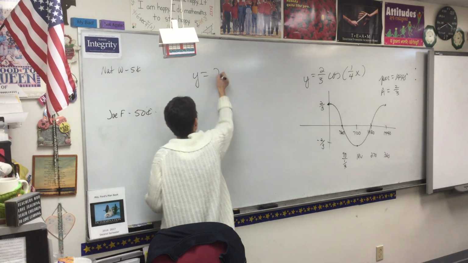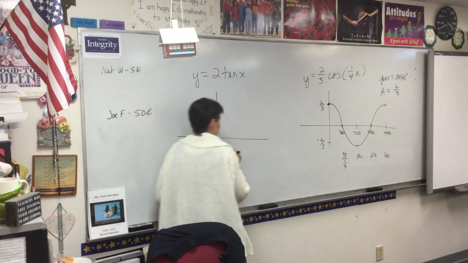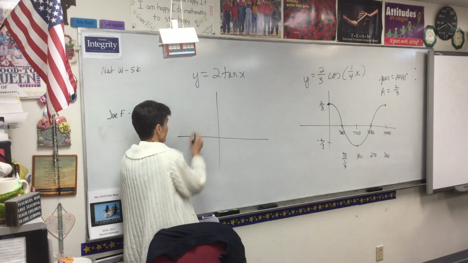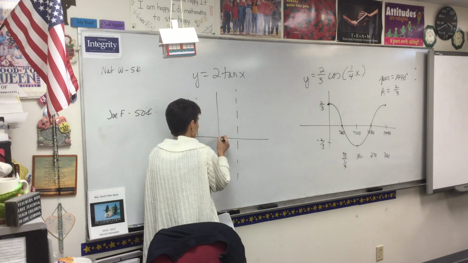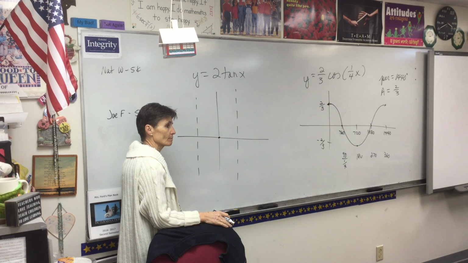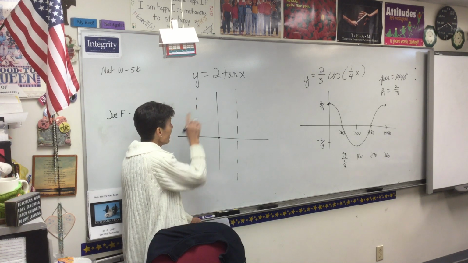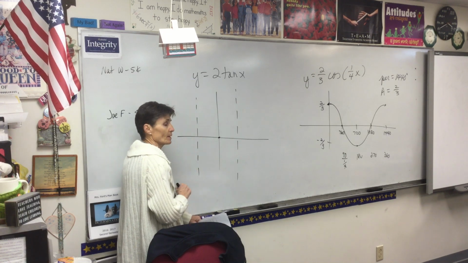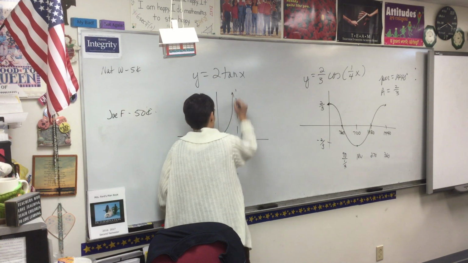Okay, y equals 2 tan. All right, now tan's different than cosine. Tan has an asymptote, and a dot at the origin. Now we're going to put a squiggly line in there. It is a positive tangent, yep, so we're going to do a regular tangent, that means it squiggles up.